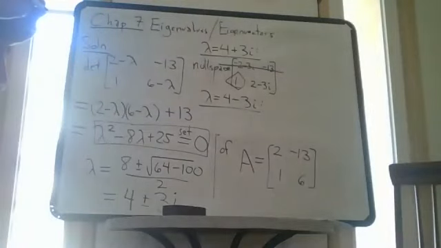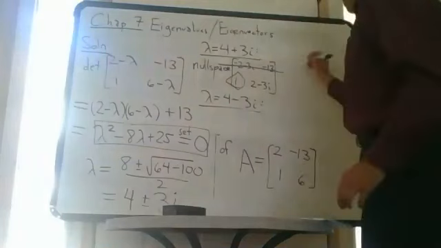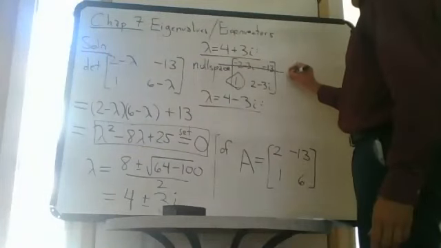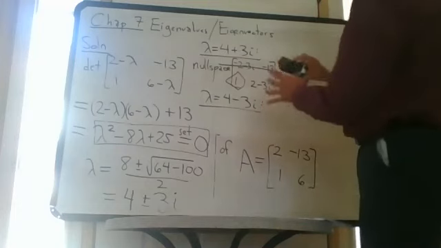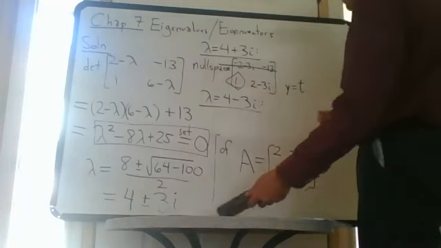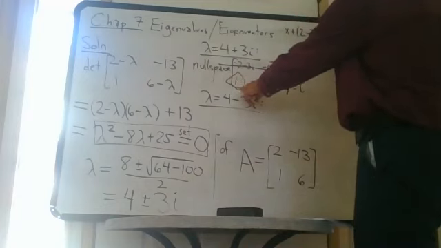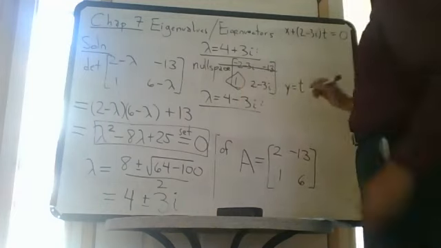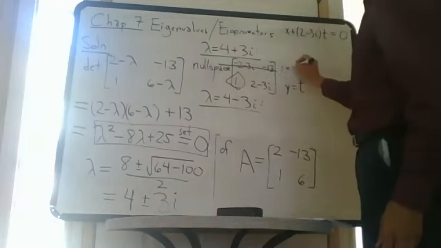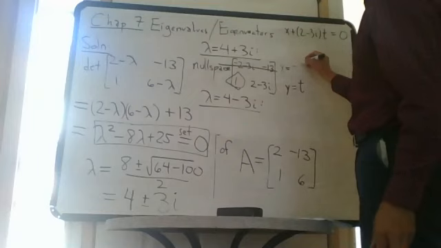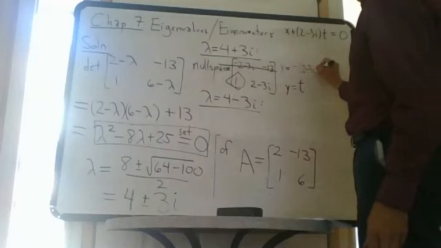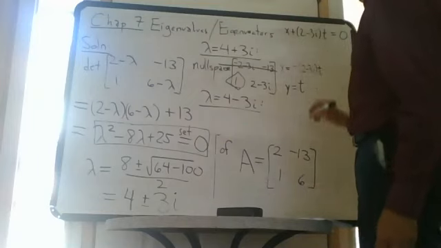So what I can do here is let y equal t. And then when I solve for x, we have x plus 2 minus 3i times t equals 0. So x would just be negative of 2 minus 3i times t.